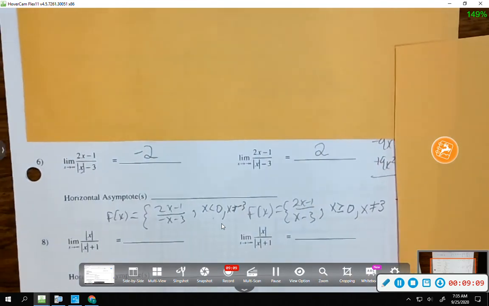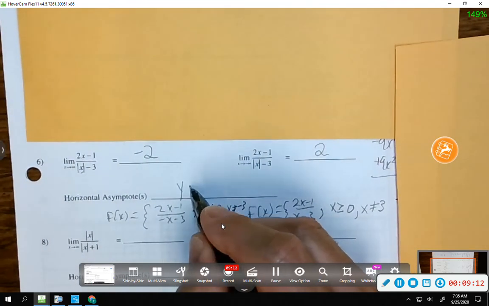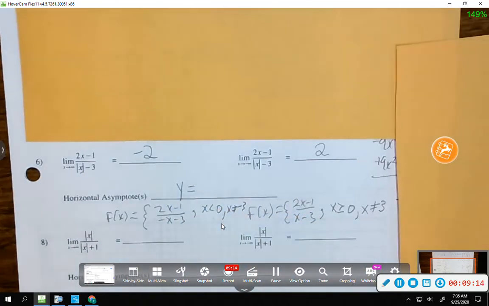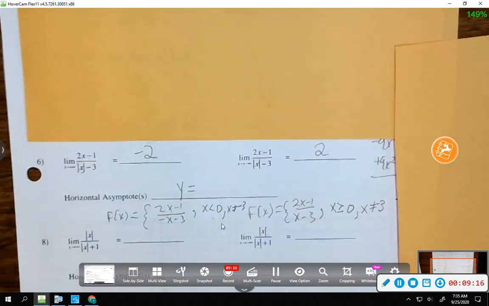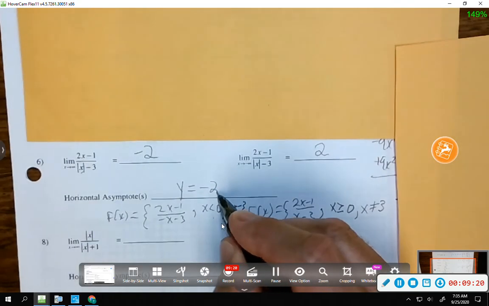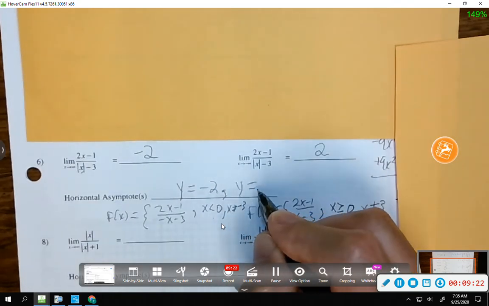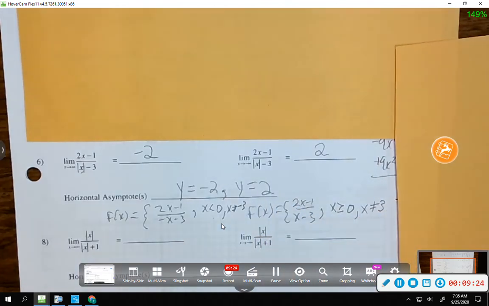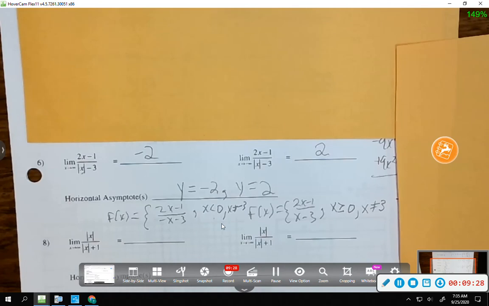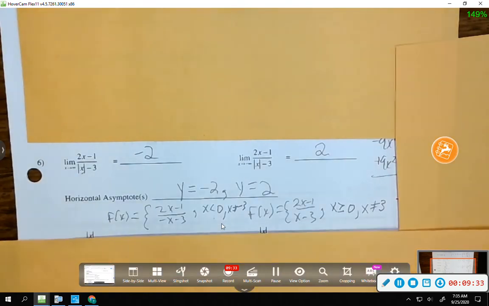I have 2 horizontal asymptotes. Whenever the limiting value is a constant value, when we take these limits, that's the definition of a horizontal asymptote. So I have y equals negative 2 and y equals positive 2. Remembering that x equals negative 3 and x equals positive 3 would produce a vertical asymptote.